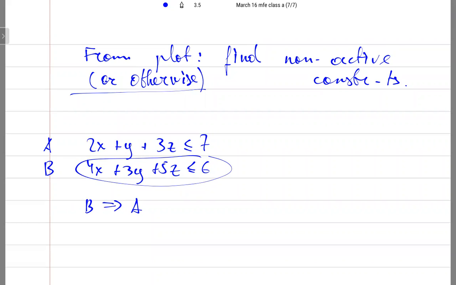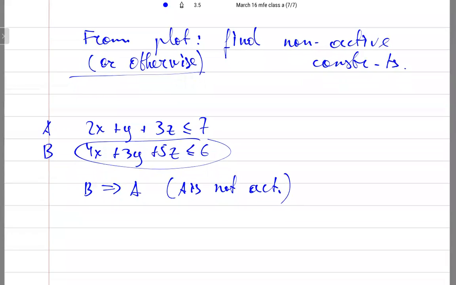So I understand that A is not active. So you may find non-active constraints not only on plots, but by some other logic. That's okay. And if you have a non-active constraint, then the corresponding lambda should be equal to 0, and we just do not include that constraint in the Lagrange function.